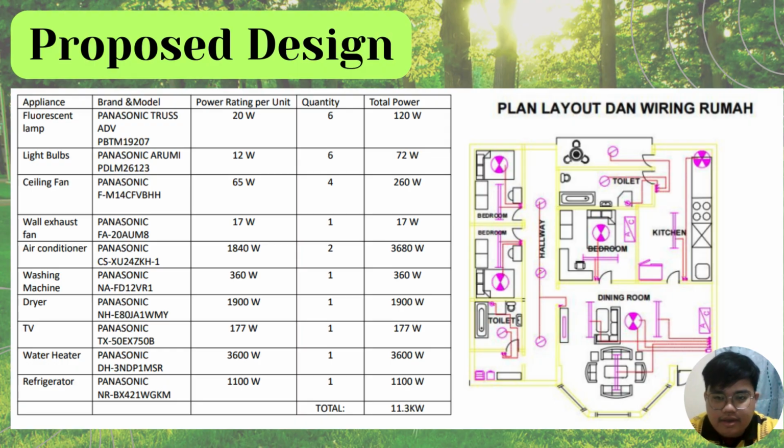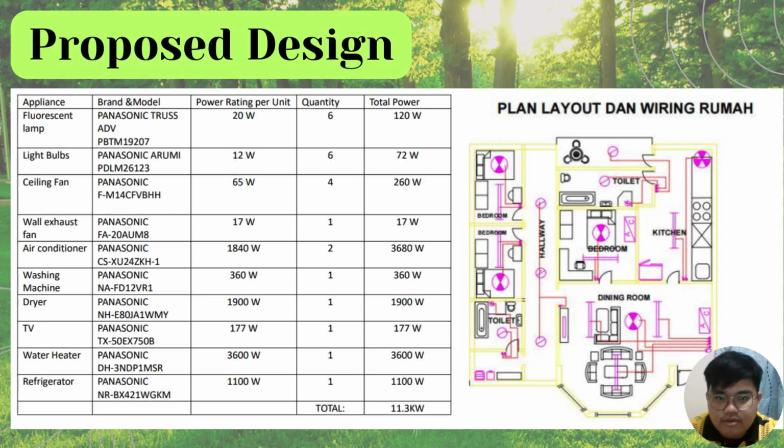Okay, I am Charles Felix, and I will present the proposed design. This is the design for the Pendeka Musta house. We have six fluorescent lamps, six light bulbs, and four ceiling fans. We have one wall exhaust fan, two air conditioners, one washing machine, one dryer, one TV, one water heater, and one refrigerator.